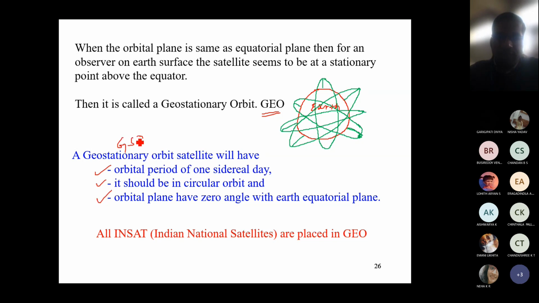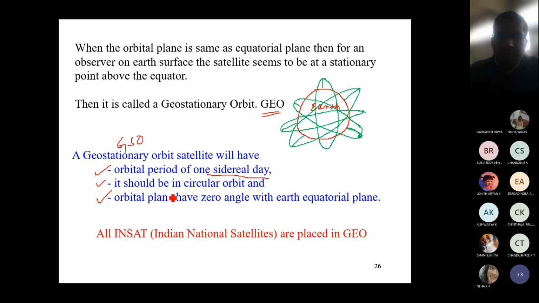What is the nature of geostationary orbit? The orbital period is one sidereal day. That means the satellite takes 23 hours, 56 minutes and 4 seconds to complete a 360-degree rotation around the Earth. So that orbit is called geostationary orbit.